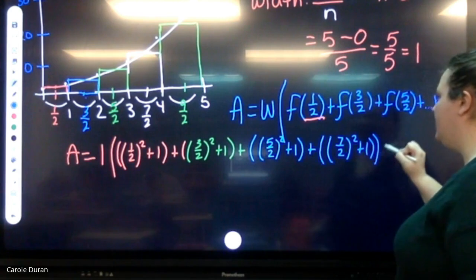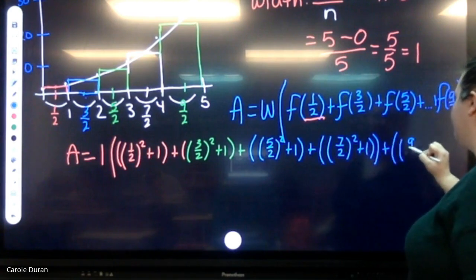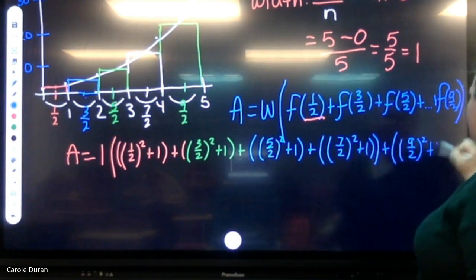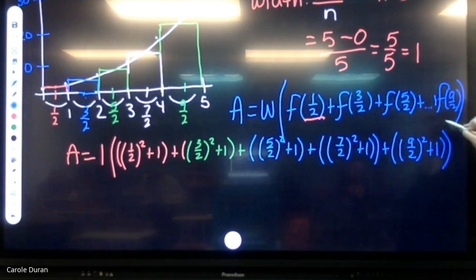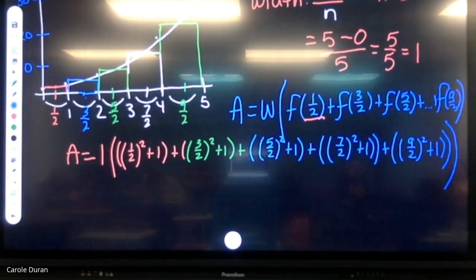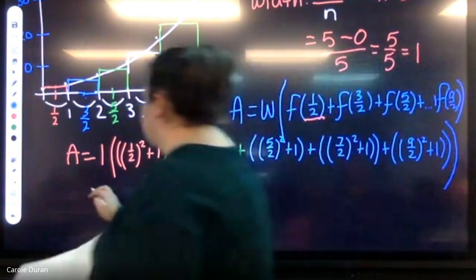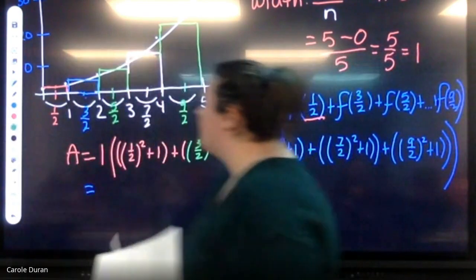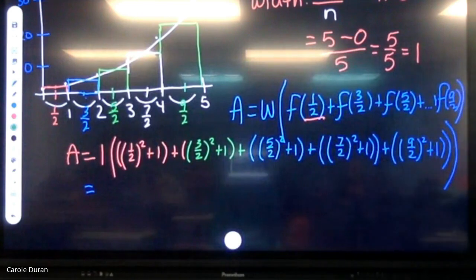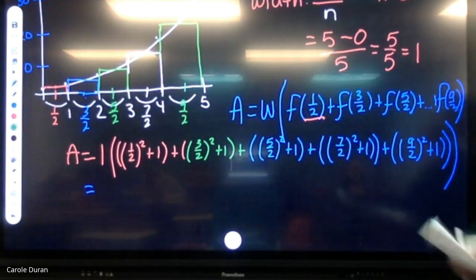And you can definitely use a calculator for this. You plug it all into your calculator and you get an answer. Of course, I will work through it, simplifying it the way it is right now, that way you can see how the numbers kind of come together, but you're more than welcome to just plug this into your calculator.